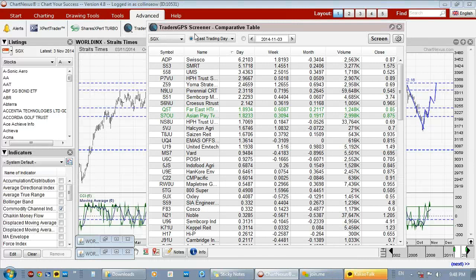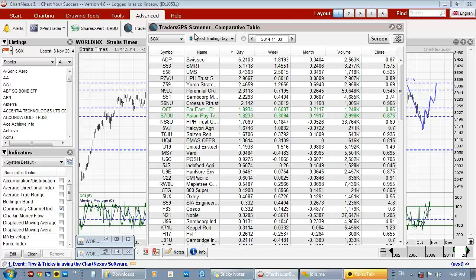The STI will actually be one of the weaker ones. Later we can do a comparative scan on the different countries. We look at the different countries as a particular chart, we will do it later.